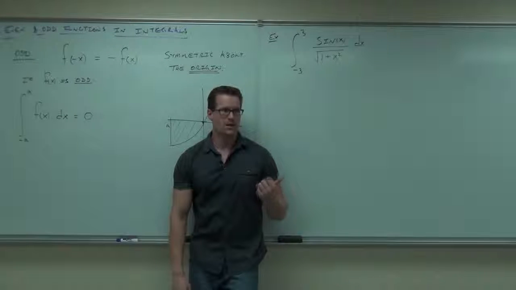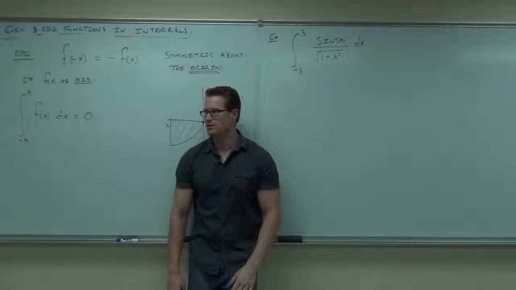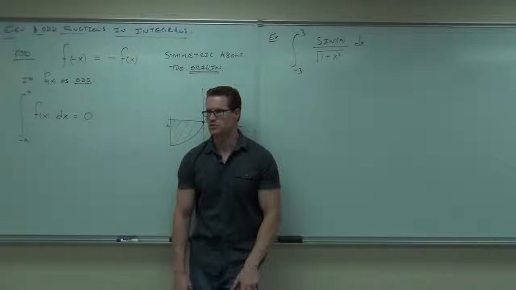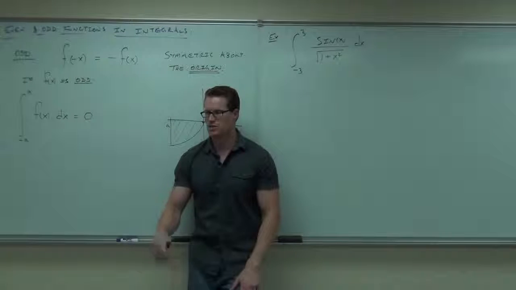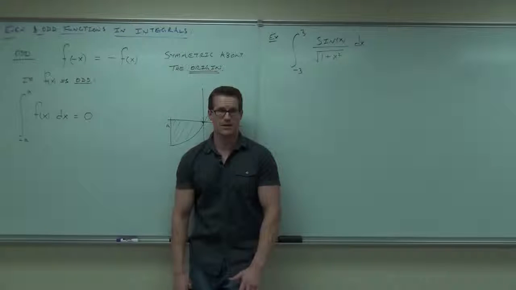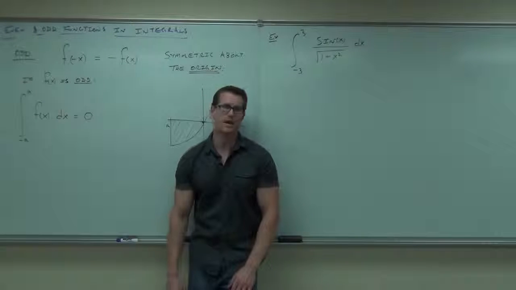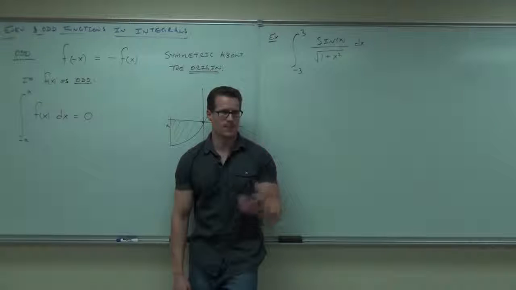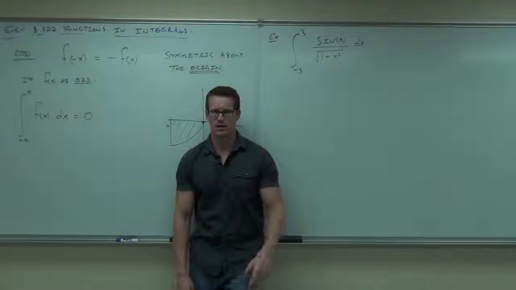Now, this says I can do a lot of integrals that otherwise I couldn't do. Do you see why it says that? Do you know how to do that integral? I don't right now. Just looking at it, I'm thinking trig substitution, but you don't know trig substitution. You know u-substitution, so that's off the table. No matter what you do with the substitution, it is not going to work. Take 1 plus x squared, derivative is 2x.